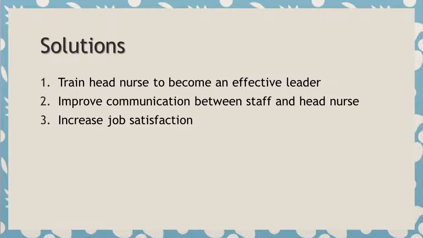And another solution is just improving the communication between the staff and the head nurse, and this includes periodic meetings in which they discuss any concerns, and if some feel that they're too nervous to voice their opinion, there can be anonymity offered. And they can also participate in team-based activities so that they could feel more like oneness with the department.